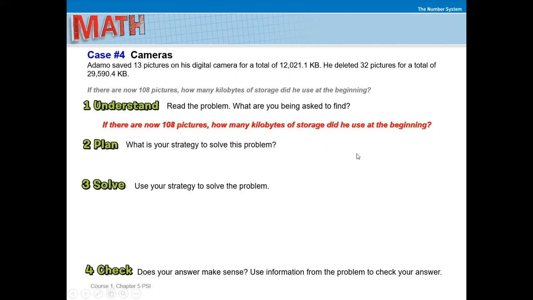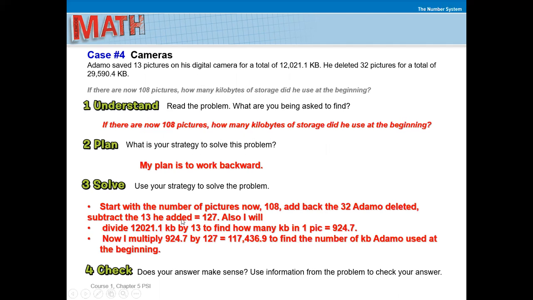What is your strategy? My plan is to work backward. Start with the number of pictures now, 108. I add back the 32 that Adamo deleted. I subtract the 13 that he added, and that gives me 127 pictures. Also, I will divide 12,021 1/10 kilobytes by 13 to find how many kilobytes in one picture.